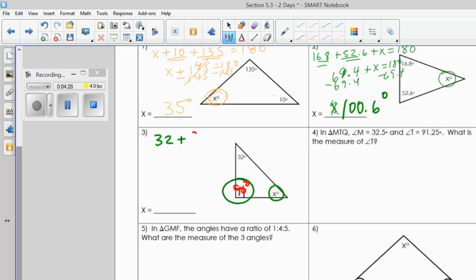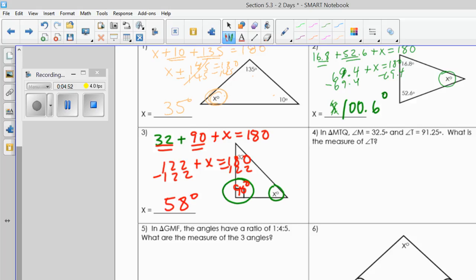So it's 32 plus 90 plus x equals 180. It's important that you remember that perpendicular means you have a 90-degree angle. Again, we combine like terms. You're going to get 122 plus x equals 180. Subtract 122, and we're going to get x equals 58 degrees. Awesome.